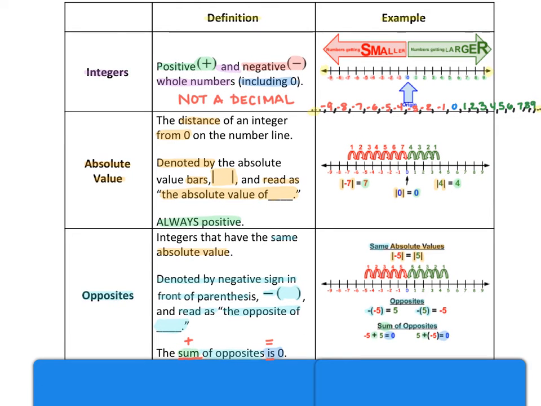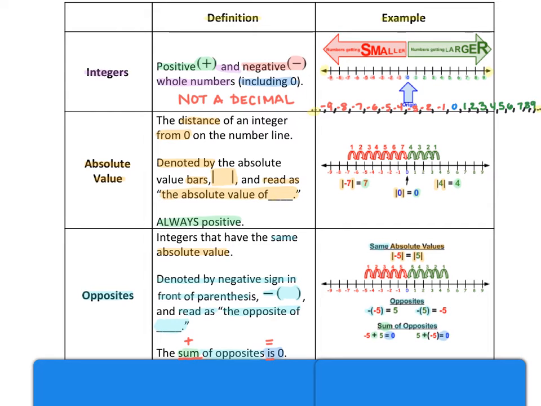So looking at our example, they're saying that the absolute value of negative 5 is the same as the absolute value of positive 5. Because if we were to count the distance of negative 5 from 0, we see that the distance is 5. And if we were to count the distance of positive 5 from 0, we would see the distance is 5. So therefore, by definition, they are opposites.